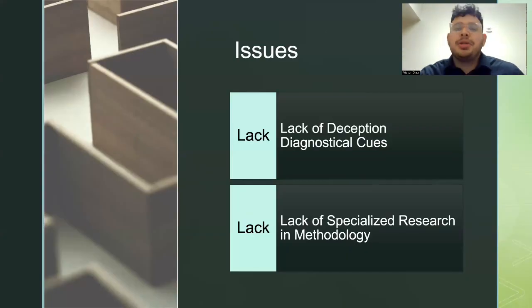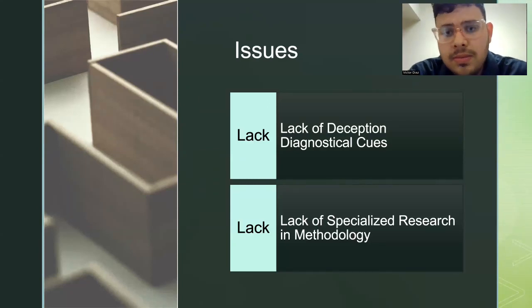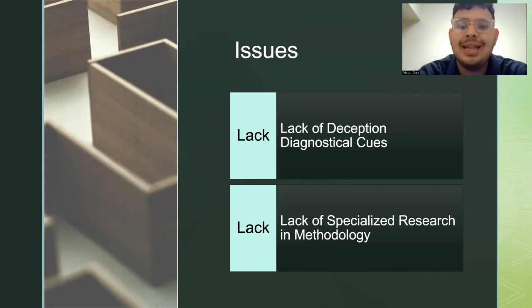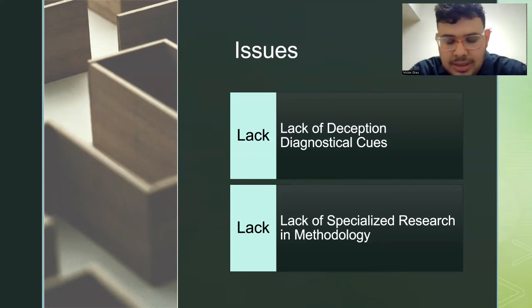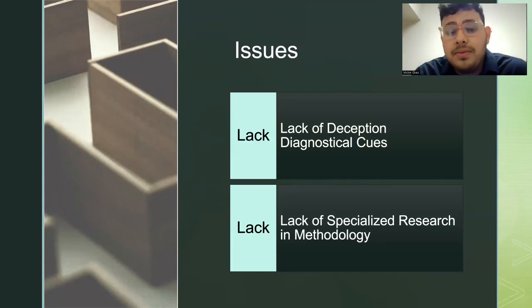All right, so now we know what deception is. So what are some of the issues in deception detection? One of the most prominent issues is the lack of diagnostic cues. What this means is the human body is too complex, and we haven't looked at every single type of cue there is.